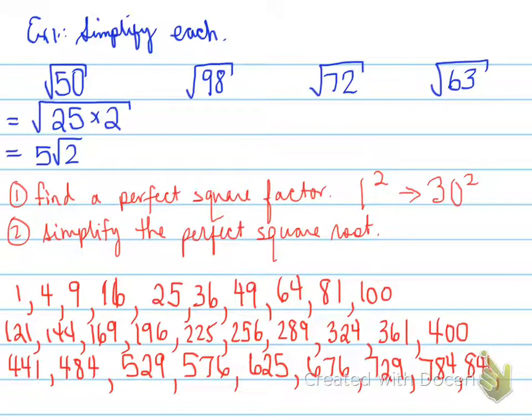And finally, the last one, 30 squared, is 900. So these are all the perfect squares from 1 squared to 30 squared, all listed there for you.